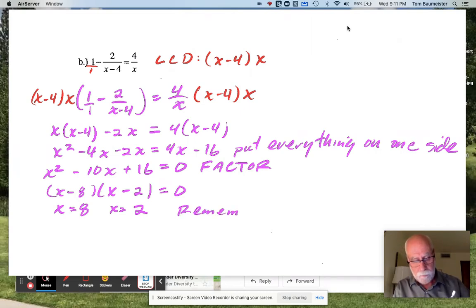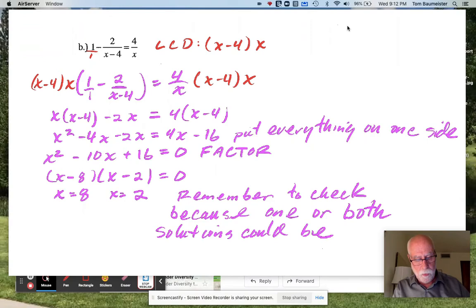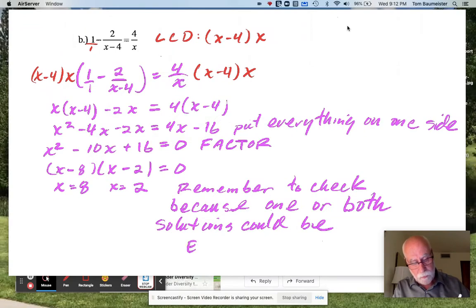Remember to check, because one or both solutions could be, and remember the word that we used was extraneous.